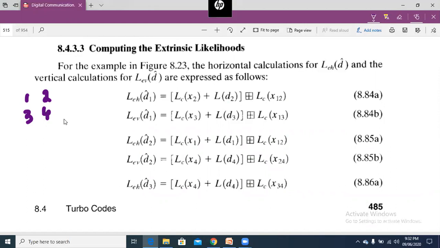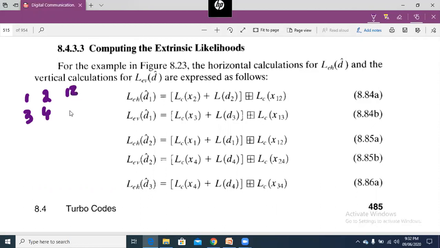We have this sort of bit positioning, and here we have the parity 1, 2, right?